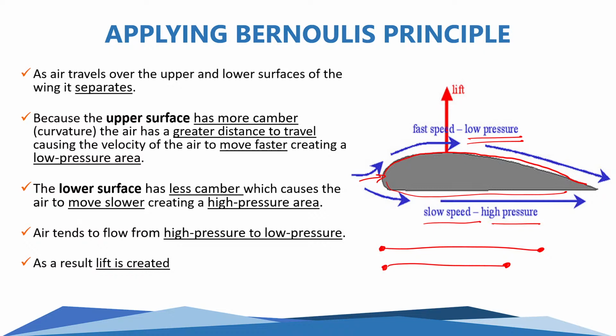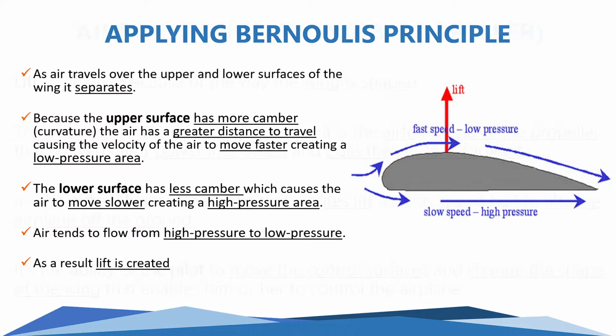So it basically flows from high pressure to low pressure. And that's what actually generates lift and gets the airplane off the ground. Okay, so lift is the result of a pressure difference between the top and the bottom of the wing. The wing is designed to accelerate air over the top camber, thereby decreasing the pressure on the top and thus producing lift.